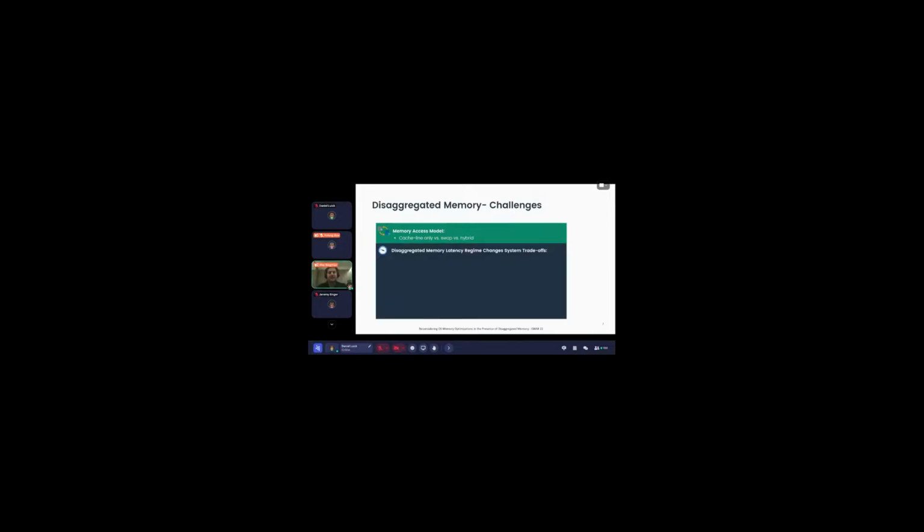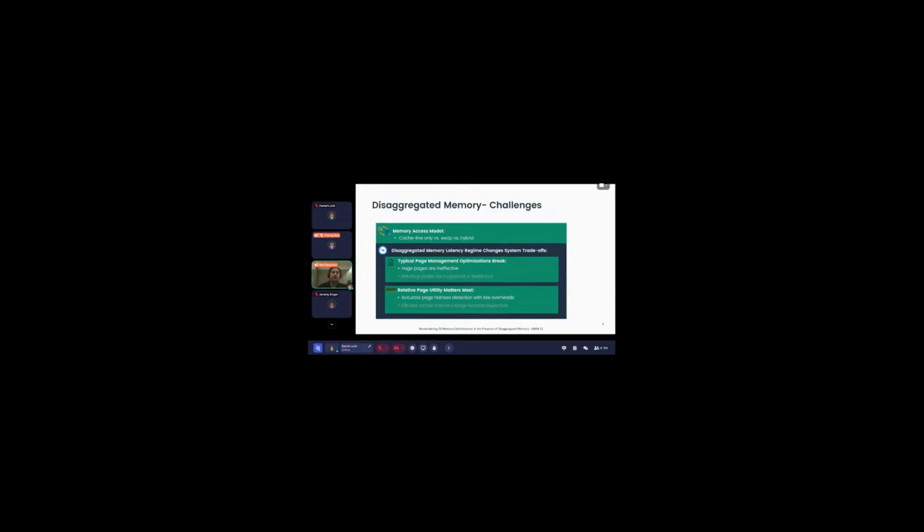Second, we observe that under the disaggregated memory latency regime, certain system trade-offs change. In particular, we note that typical page management optimizations break, such as huge pages and batching pages for migration. Further, we show that in a disaggregated memory system, the identification of which pages are hot matters most to performance, but the identification process itself is resource intensive.